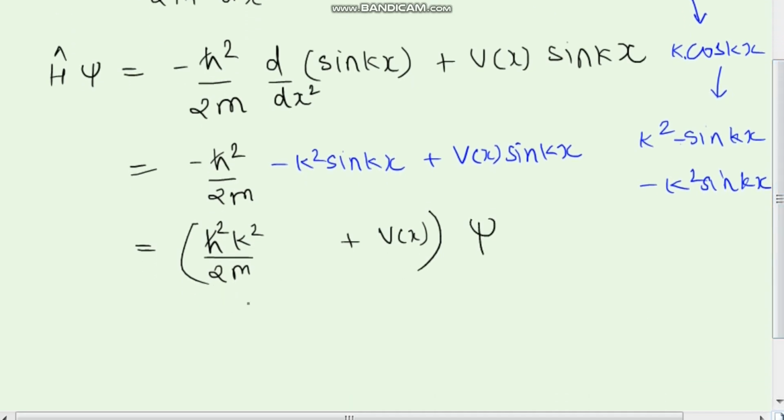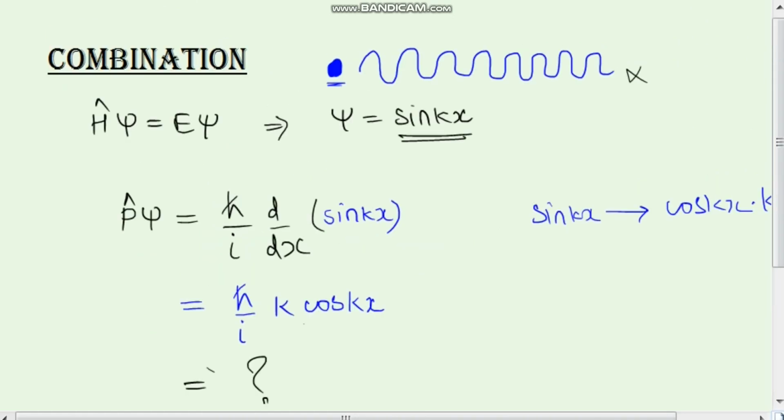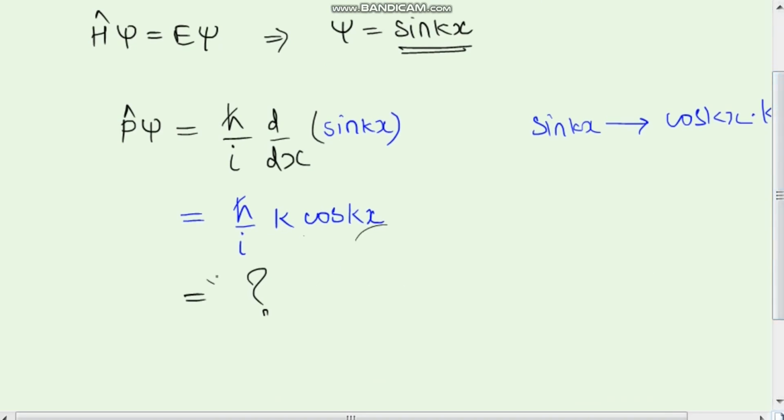Well, this is a real number, this is also a real number, so yes, it is energy and the value of psi again. So yes, this equation is compatible with psi. It means psi is indeed a solution of this equation. You get it? So psi is a solution of this equation, but it is not a solution of this equation, that is with momentum.